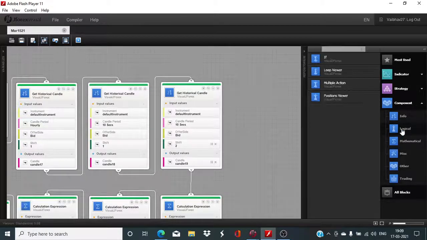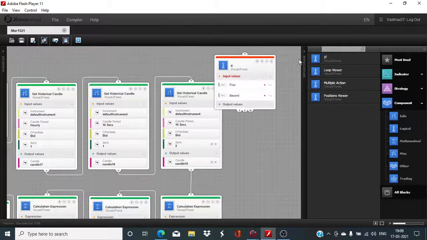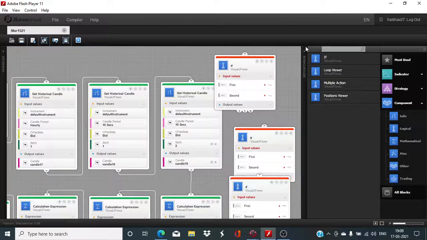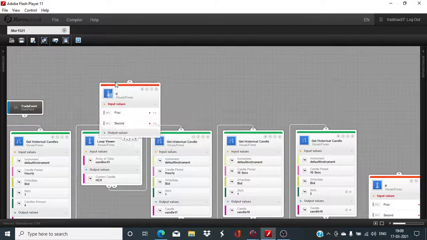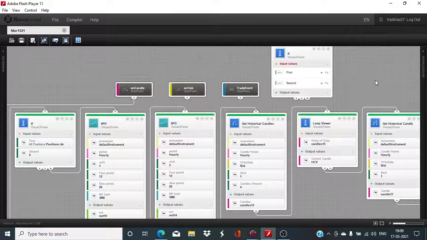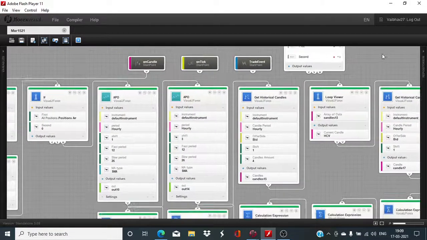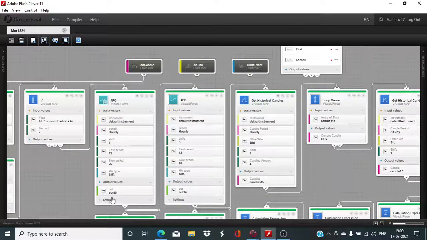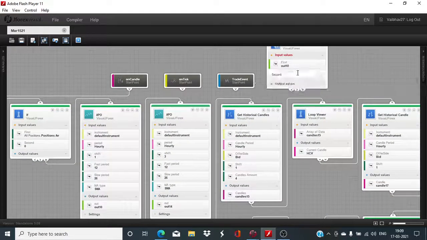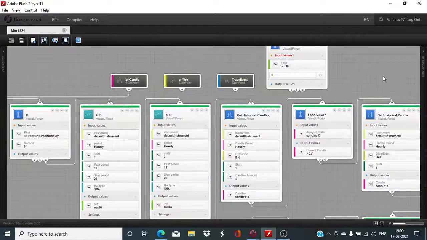So we need logical blocks. We will take a couple of if blocks straight away. And as I said, the first thing we will have to look at is the APO values, and we need the last APO value to be below 0.